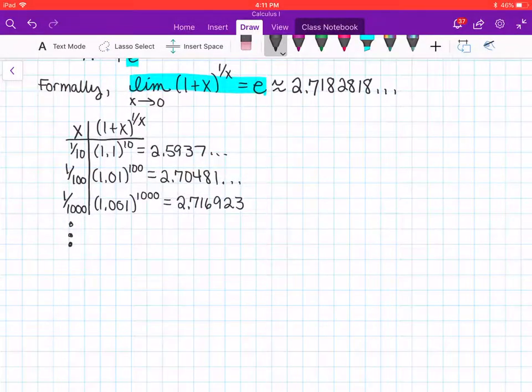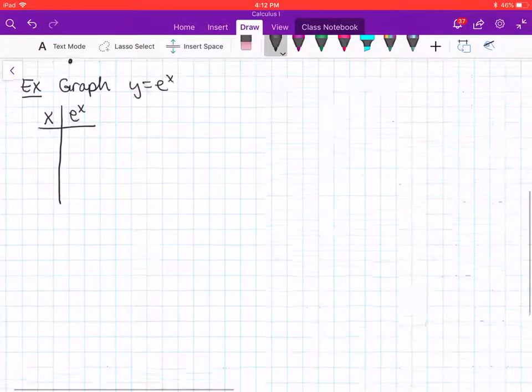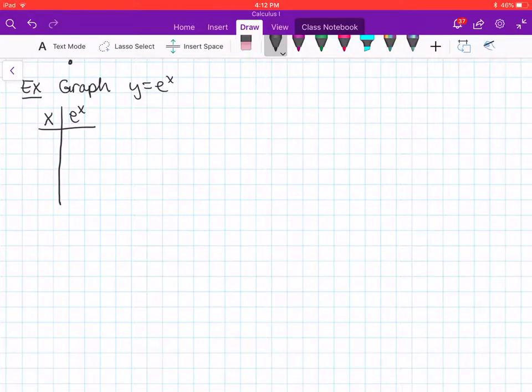So with that, we want to graph y equals e to the x. We're going to do that with our table like we were doing before. So let's switch it up and actually do some different numbers.